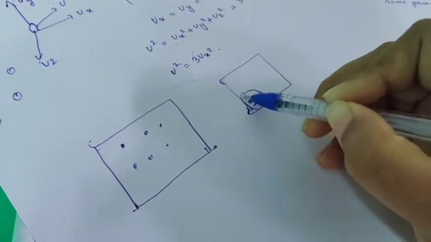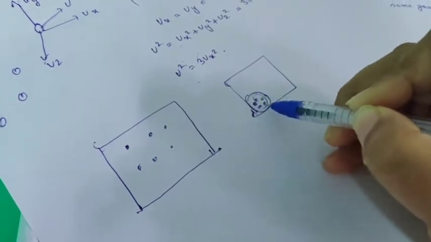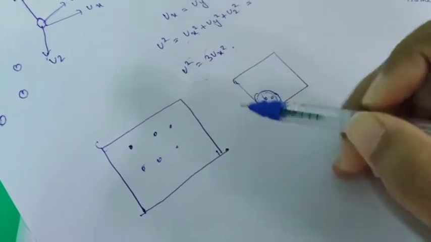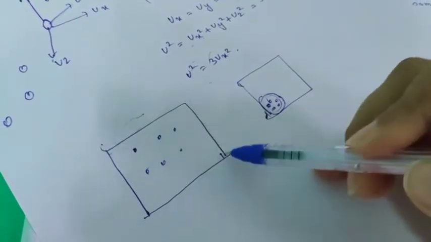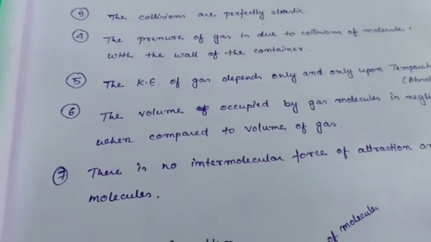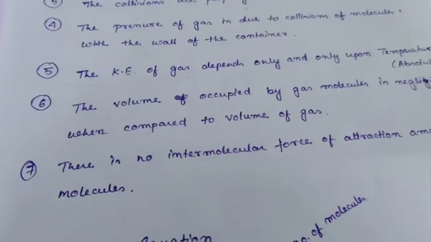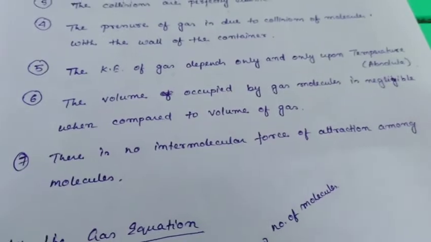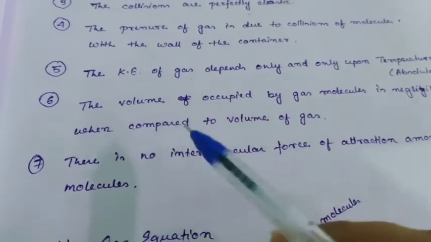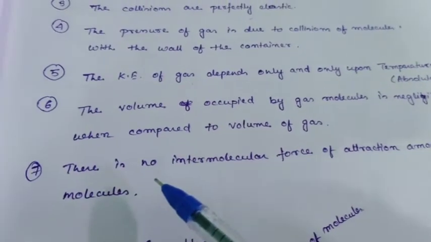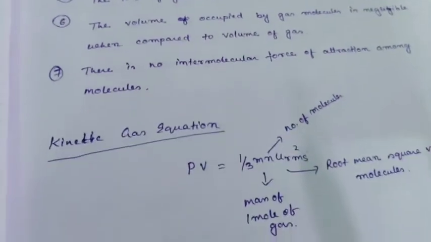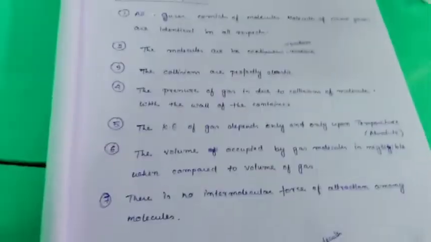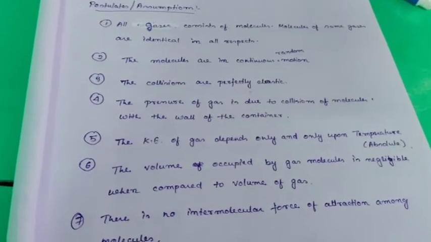The total volume of all the gas molecules is negligible compared to the volume of the gas. This is very important. Now the seventh is that there are no intermolecular forces of attraction among molecules. These points 6 and 7 are not valid for real gases. These are the assumptions and postulates.